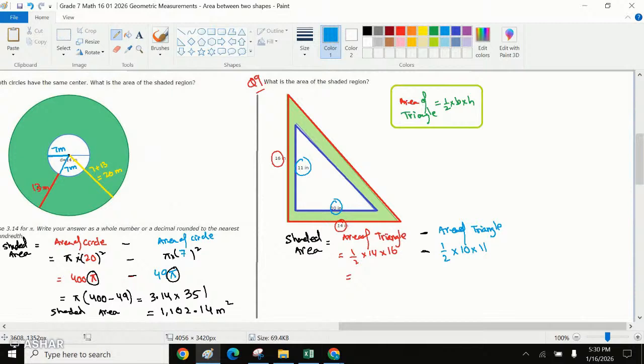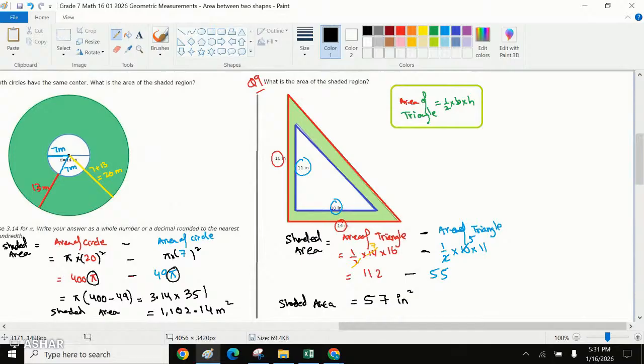We can cancel one of the values. 2 times 1, 2 times 7, and 16 times 7 we can find, that is 112, minus 2 times 1, 2 times 5, 5 times 5 is 55. 112 minus 55 comes out to be 57. That means 57 is the answer. The unit was inches squared. We can say this is our shaded area. Do we agree on this?